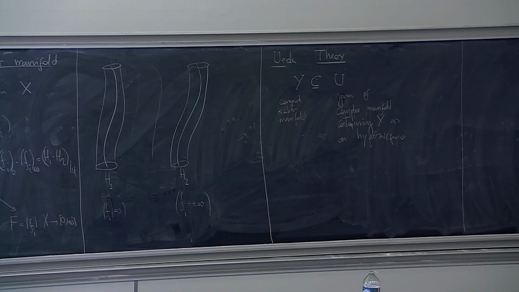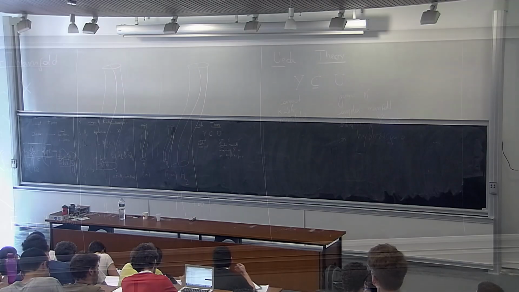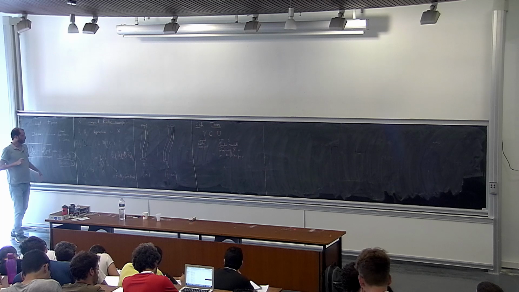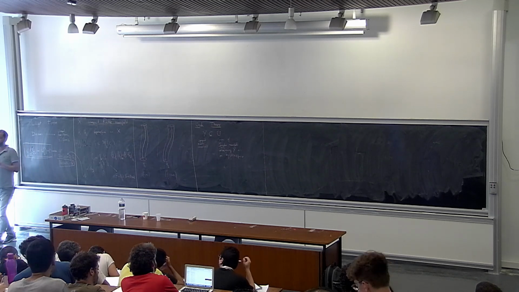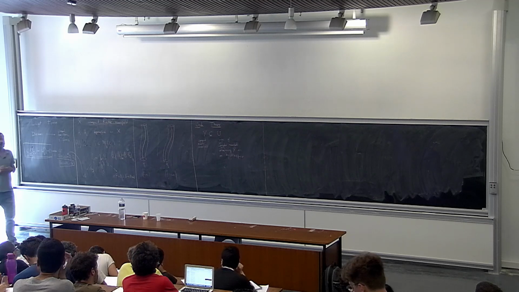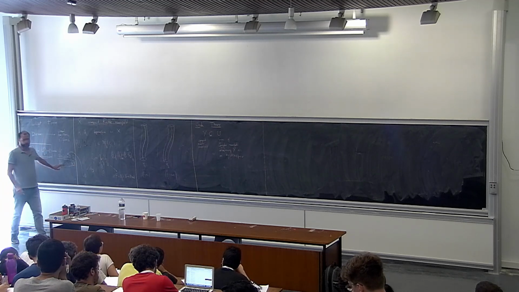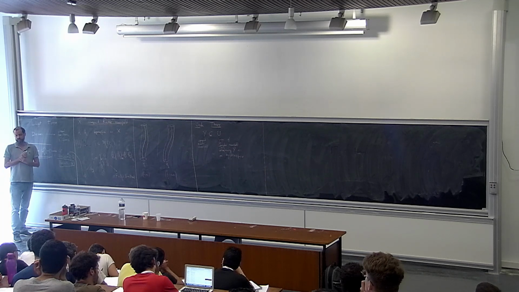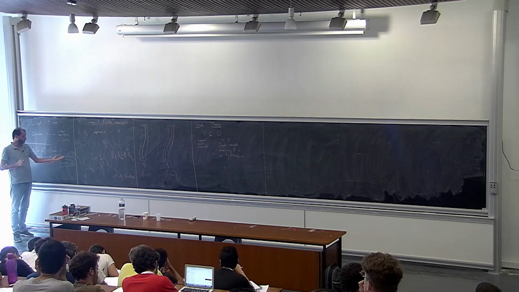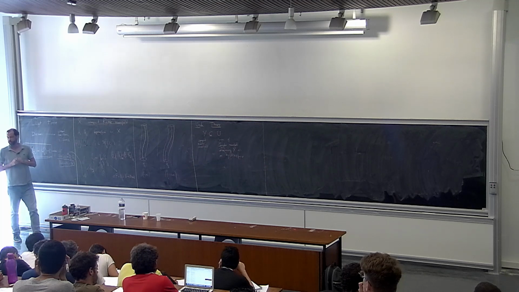And Ueda asked exactly this question. When can we produce a closed logarithmic one form on U such that all the periods are purely imaginary, and the residue divisor is exactly the hypersurface Y.